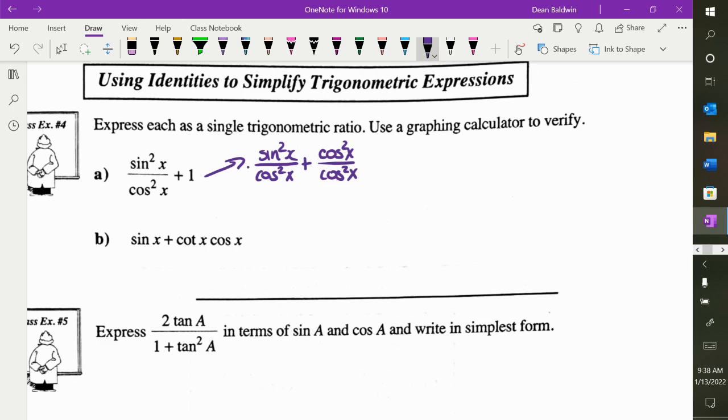How do you add fractions? Just add the tops, right? So this becomes over what is sine squared plus cos squared? It's 1. I just showed you that.